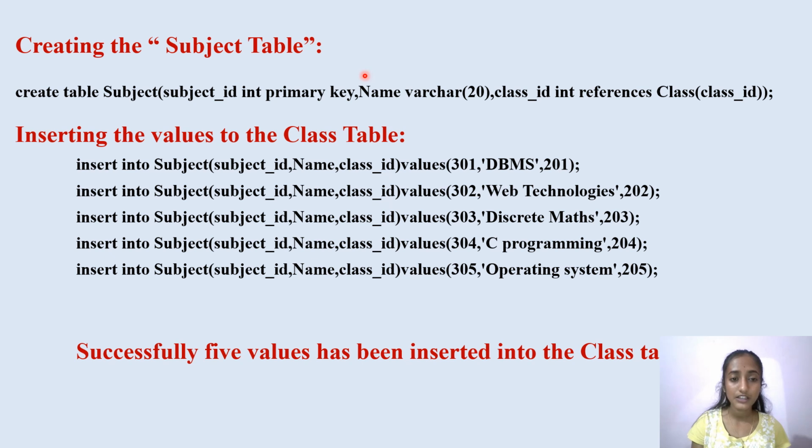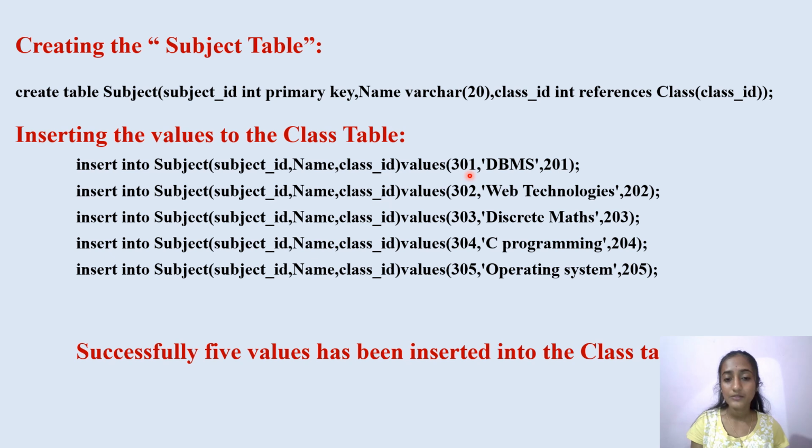And creating a subject table, where create table is a keyword, subject is the table name, subject ID is the primary key, name is varchar of size 20, and class ID is a foreign key, int references class. I have inserted five values like insert into subject: subject ID, name, class ID. These three are the column names.